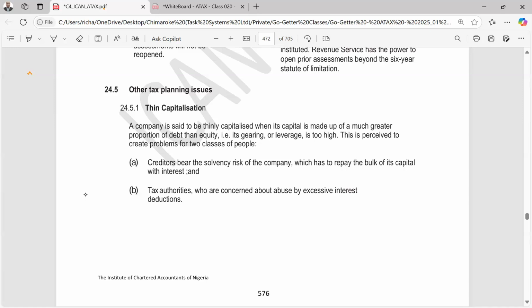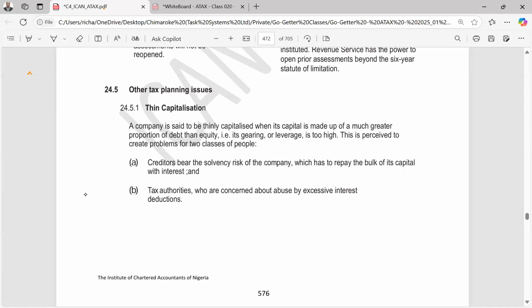So one of the problems here is creditors bear the solvency risk of the company. You bear the risk of your capital not being paid back to you. Because you have given somebody too much capital, the percentage of his own money versus what he's getting from you is small. So the equity contribution is thin, whereas the debt contribution is fat. That is thin capitalization.